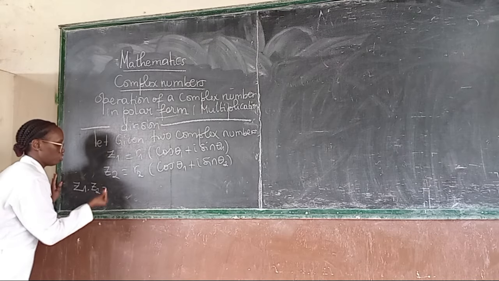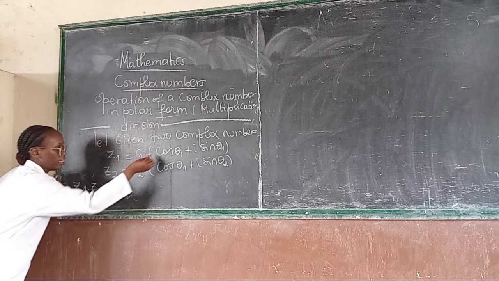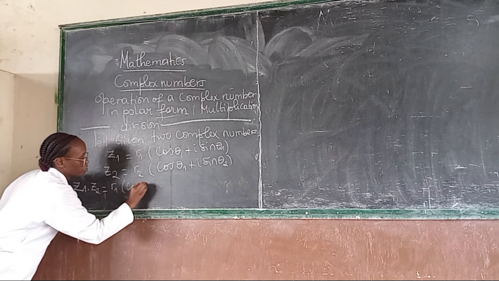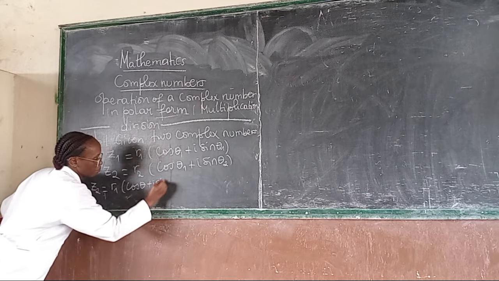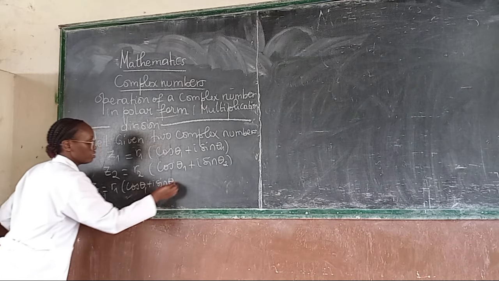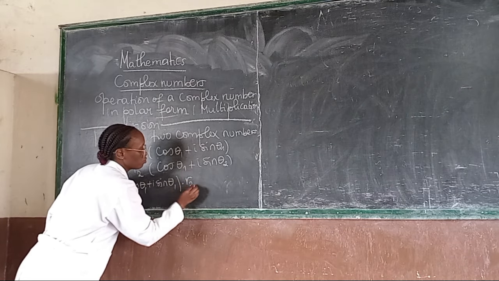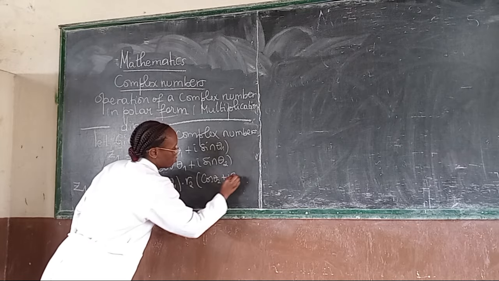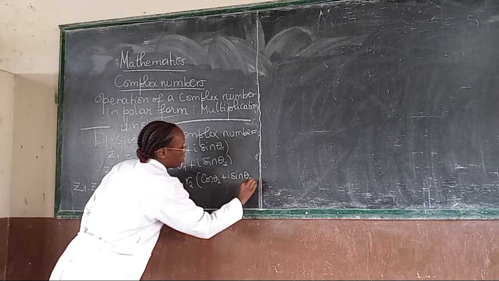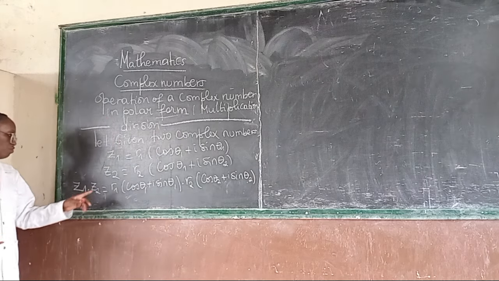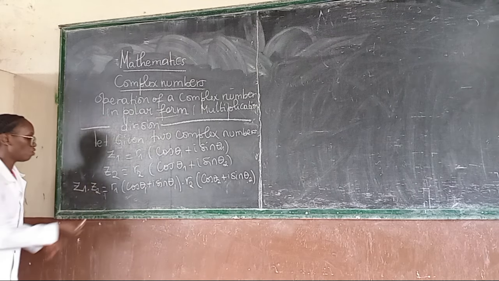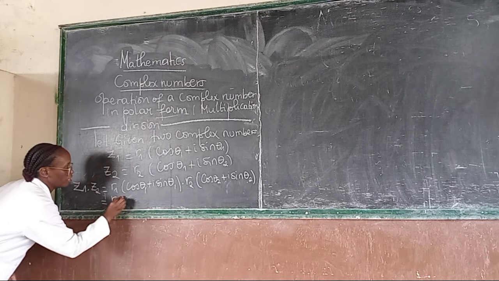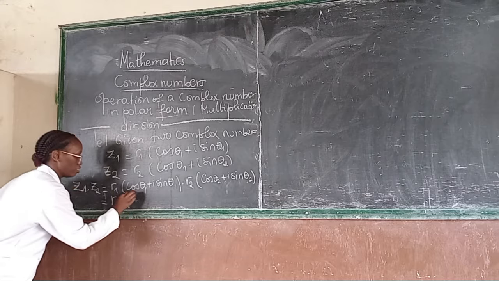z1 times z2 will be equal to modulus 1 (cosine theta 1 plus i sine theta 1) times r2 (cosine theta 2 plus i sine theta 2). Because we are going to do multiplication, here modulus 1 will be multiplied by modulus 2.